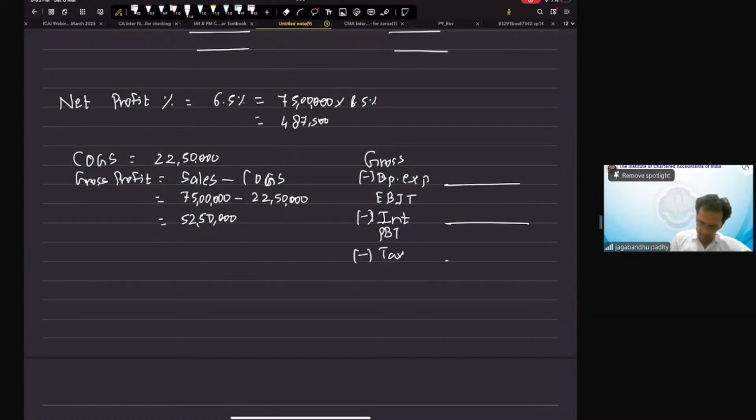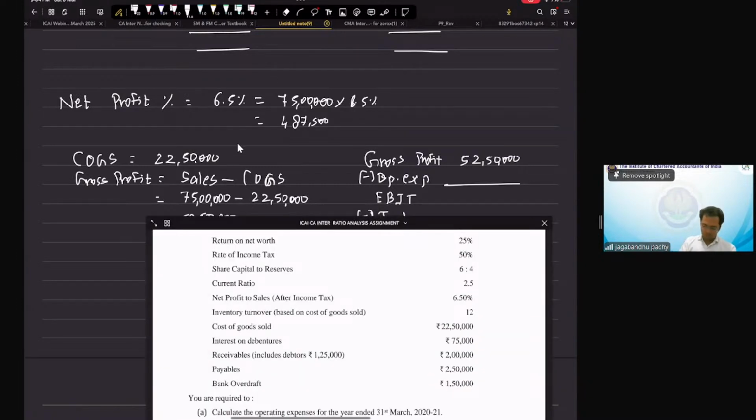From that, we subtract tax, which gives us profit after tax. So gross profit is 52 lakh 50,000. Now we know the net profit number, which is 4 lakh 87,500.